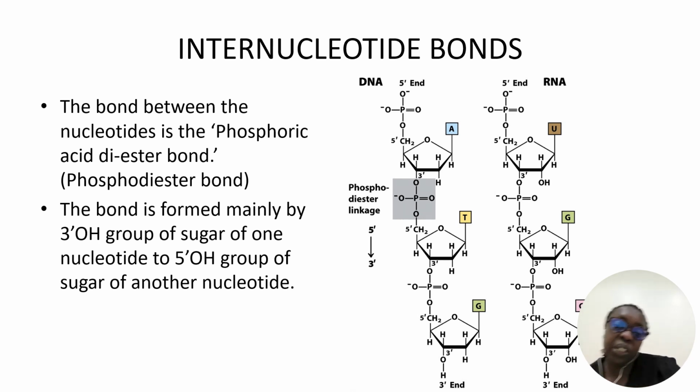Then we have internucleotide bonds. We had mentioned earlier that the bonds that hold the nucleotides together are the phosphodiester bonds. If we look at the first diagram, the DNA, we can see the nucleotide that has adenine is linked to the nucleotide that has thymine through a phosphodiester bond.